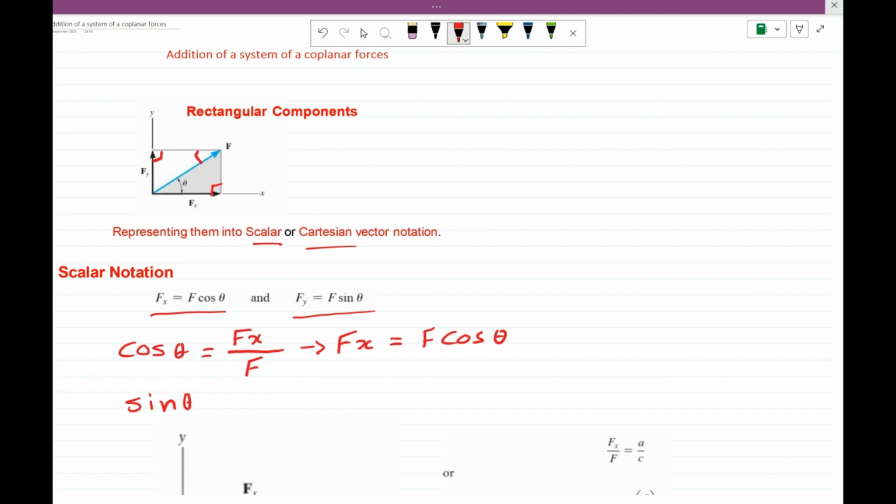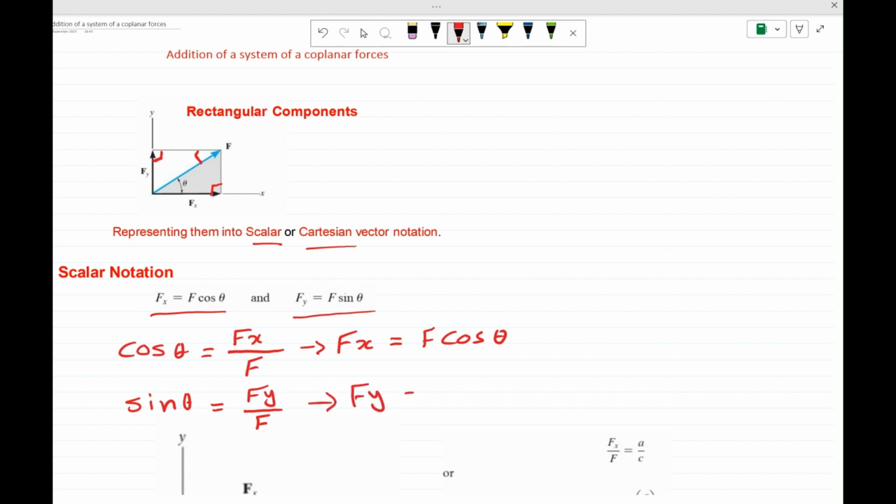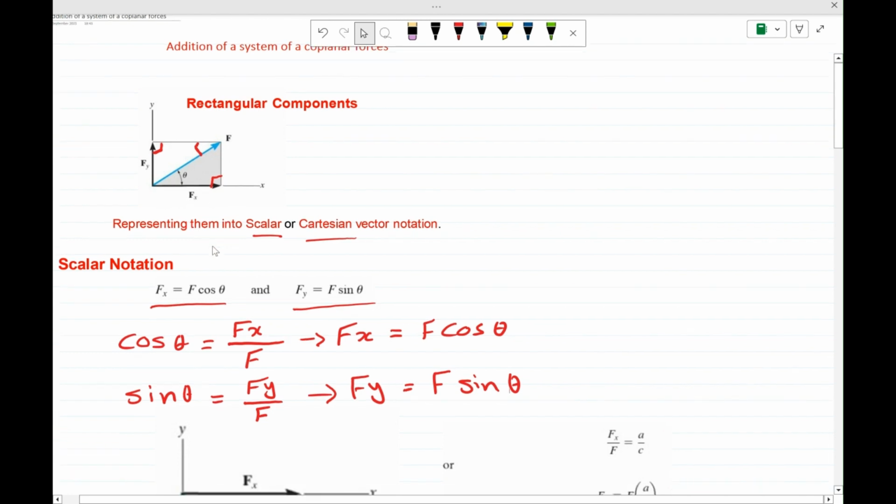Sin theta for the upper triangle equals F_y over F. And when we solve for F_y, it equals F sin theta. And that's how we express the components in scalar notation, either the x component or the y component.